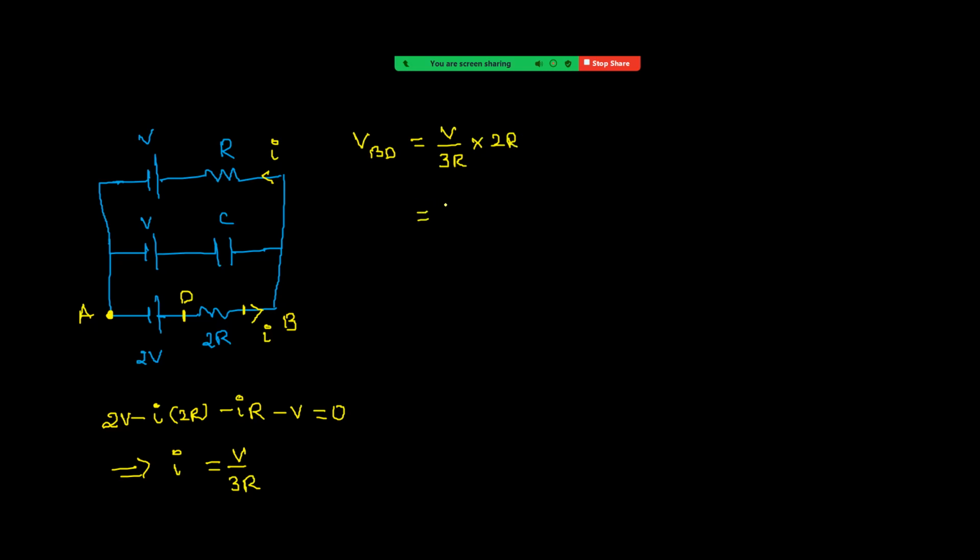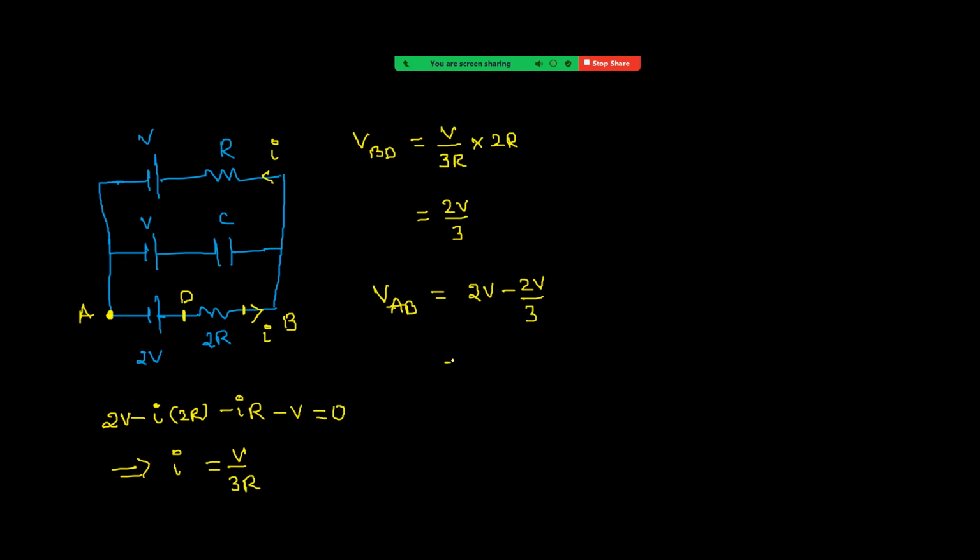So R gets cancelled. It is now 2V by 3. That is now the potential drop. That means across AB, the potential difference will be 2V minus 2V by 3.